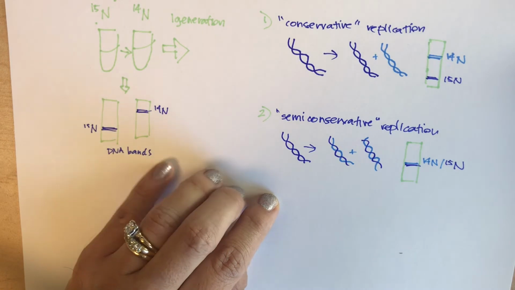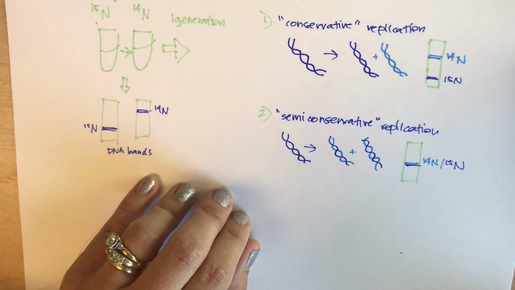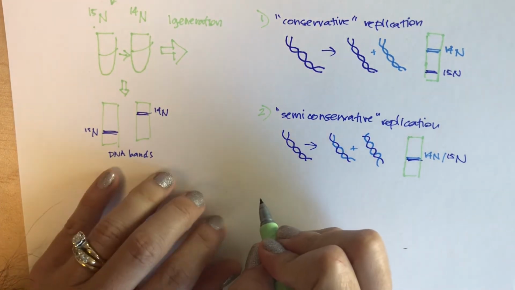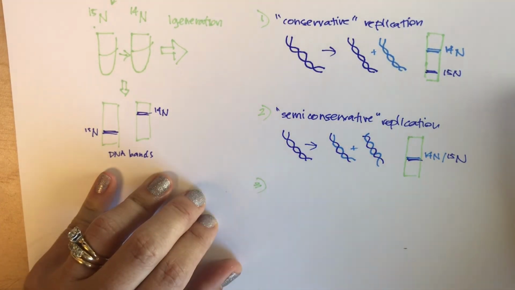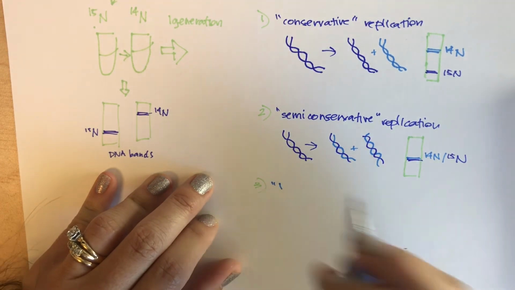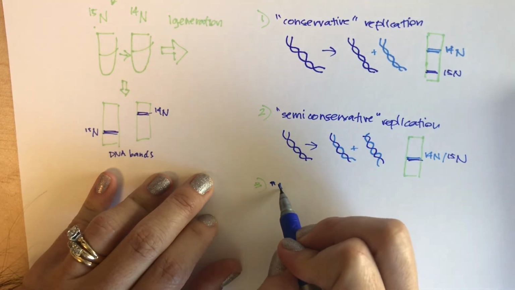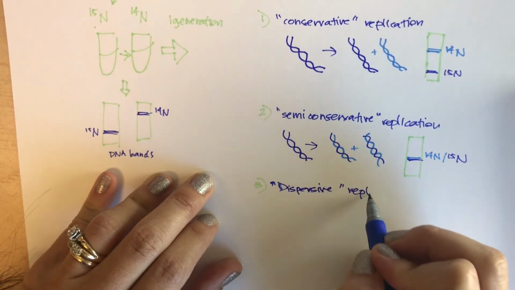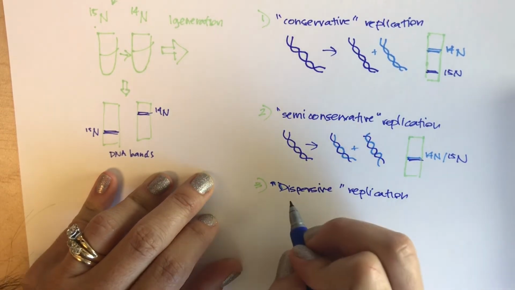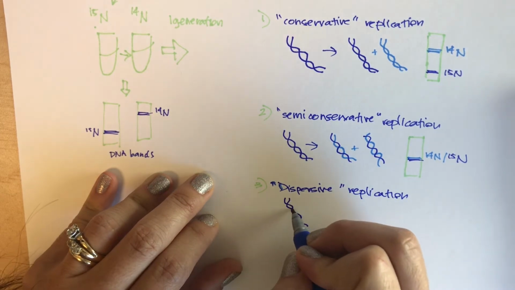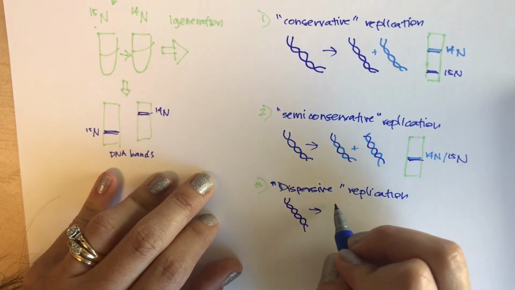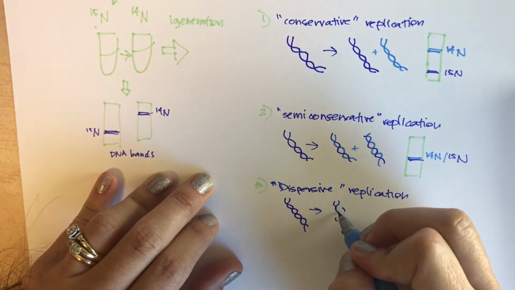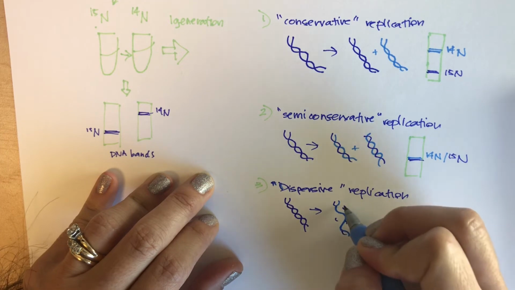Now they actually did consider one other possibility, which is the dispersive model. In dispersive replication, the old strand would get used in bits and pieces. I don't know if I can actually draw this one, but I can give it a shot.